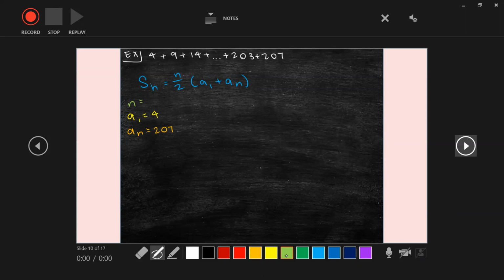No, I don't know what that is. So what do I do to find that? Use explicit. Yeah, so let's try and create an explicit formula. So what is my explicit formula for an arithmetic sequence? Jesse?